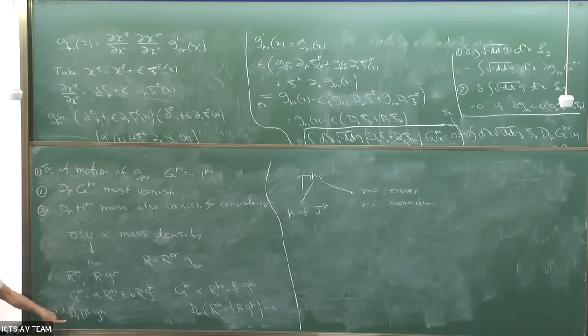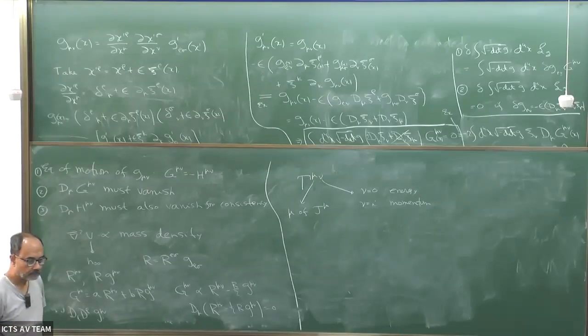That's why with two derivatives, the only thing that you can construct is the Riemann tensor and its various derivatives. From the Riemann tensor, we just take various contractions to get other things. Exactly. Is it clear so far?